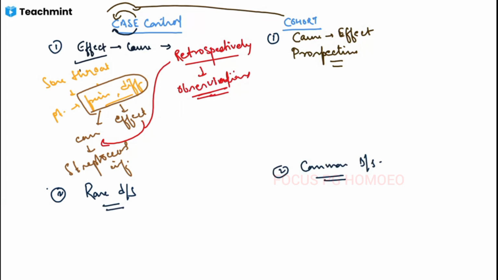For rare disease we require less time, for common disease we require more time, because with common disease the sample size is larger, so it takes more time. Case control takes less study time, whereas cohort study has a prolonged study time.